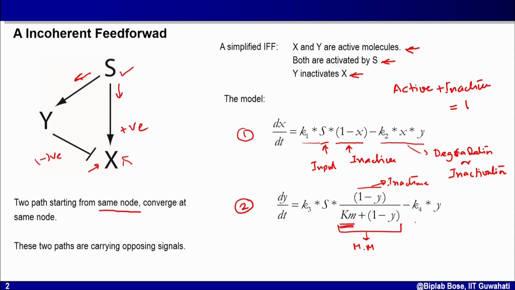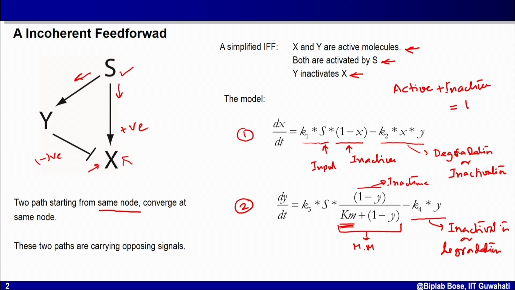And the second term in the second ODE is k4 into y. That is the inactivation or degradation of y.